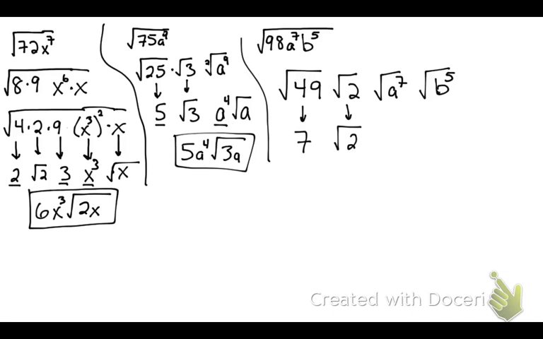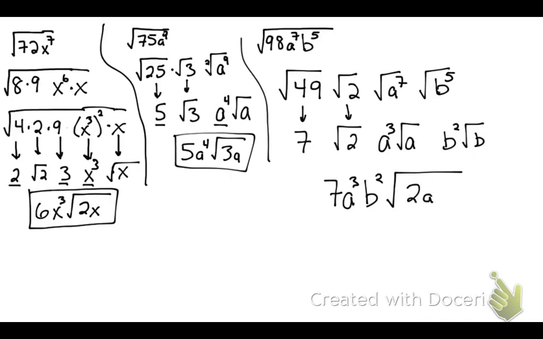The square root of a to the 7th, well, 2 goes into 7 3 times, so a cubed, with 1 left over, so a to the 1st. The square root of b to the 5th, 2 goes into 5 twice, so it'd be b squared times the square root of b. If I put this all together, the things outside would be 7a cubed b squared times the square root of 2ab.